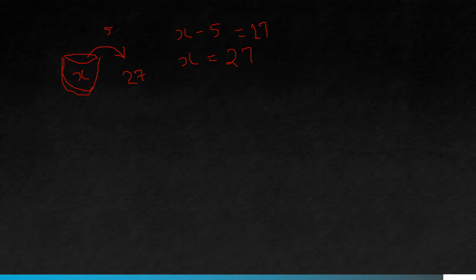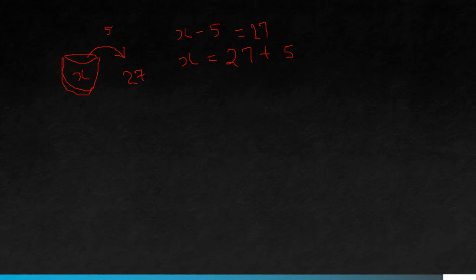So we have x is equal to, and now we have to move this constant value to the right hand side. When we move a constant value to the right hand side, its sign will change. Right now the sign of 5 is minus, so when we move it to the right hand side, the sign of 5 will become plus.